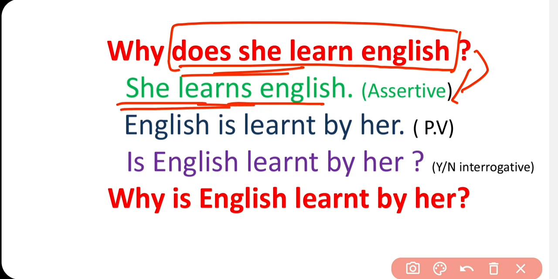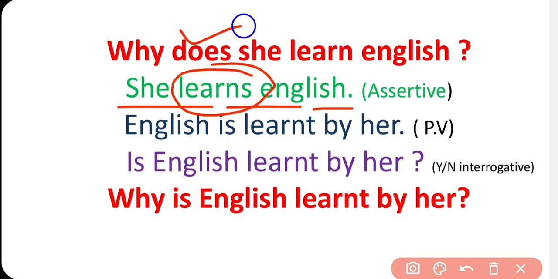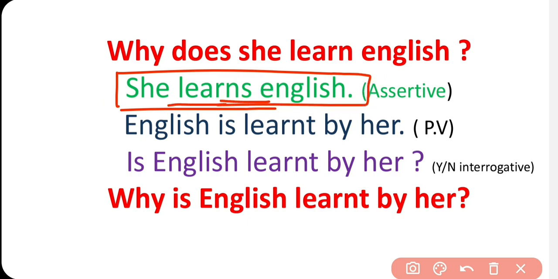Here it is the assertive form of this interrogative sentence, because here the verb does is doing the task of an auxiliary verb. She learns English, because here does has been used to show the singular verb. So this is the assertive form.